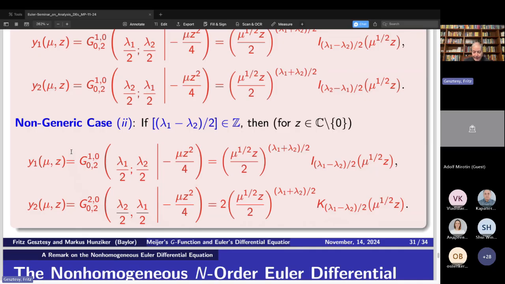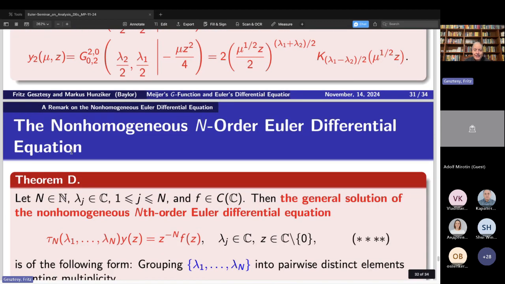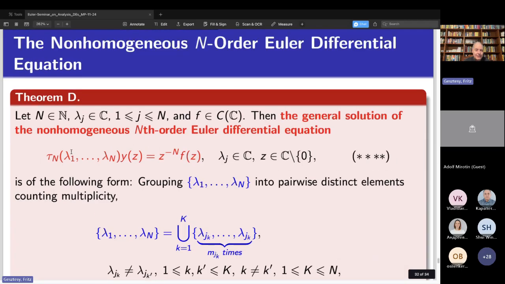And I see I have a few minutes left, so I can very briefly talk about the non-homogeneous nth-order Euler differential equation. And non-homogeneous here means that I have a right-hand side. So this is not homogeneous in X or Z. So what we do is, for convenience, because tau contains the factor z to the minus n in front, I multiply my non-homogeneous term, let's say capital F of z, by z to the minus n and then times little f of z.